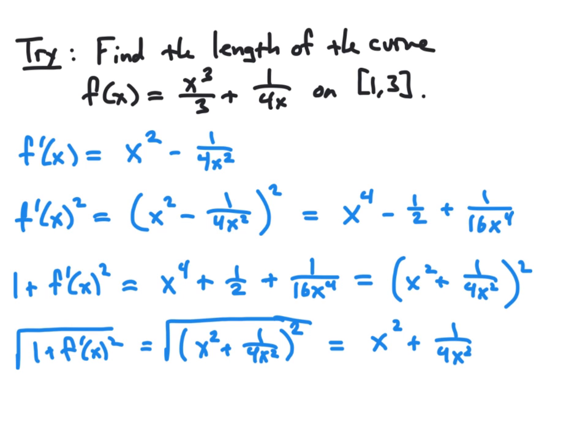And that expression factors as a perfect square, namely x squared plus 1 over 4x squared, quantity squared. We then take the square root of that expression, and because we're taking the square root of a perfect square, those operations cancel out with each other, and we're left with an integrand of x squared plus 1 over 4x squared. And we're now going to integrate this from 1 to 3 to find the arc length of our curve.